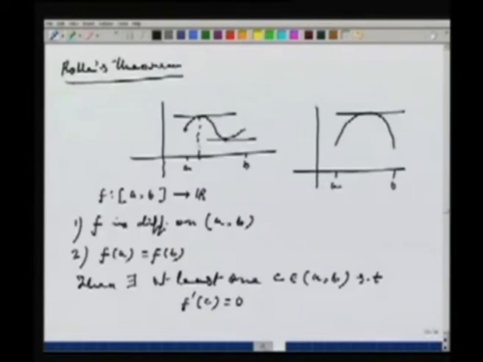It just uses the previous observation which we have done, and we will use some property of the function, which let me put in the condition that let us say the function f from AB to R is continuous and it is differentiable in the open interval AB, and at the end points the function takes the same values.